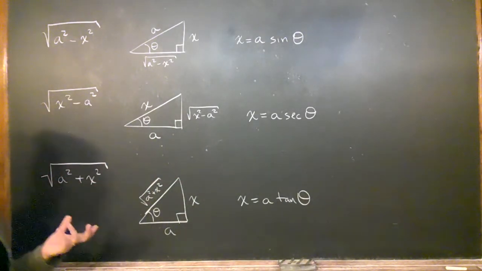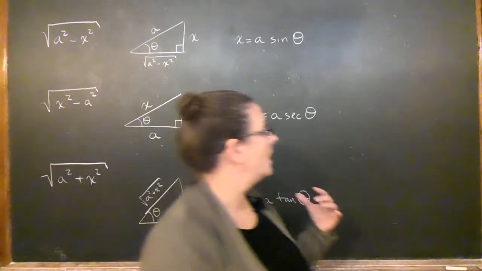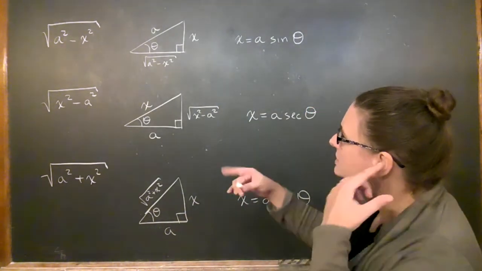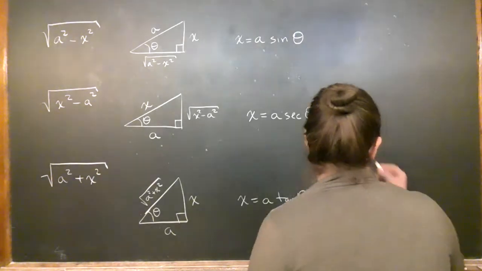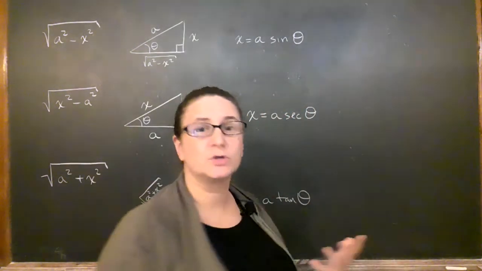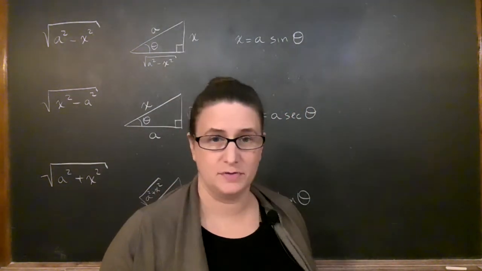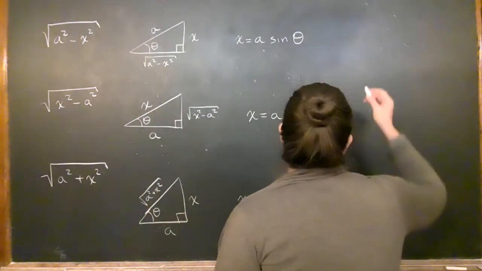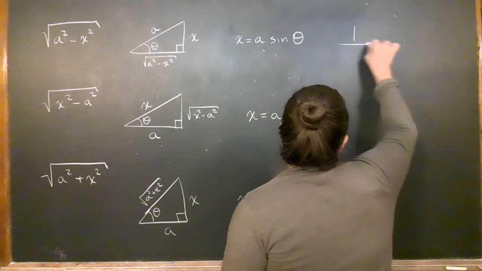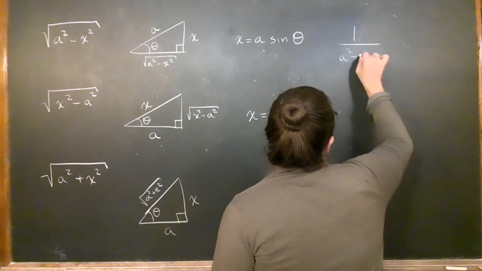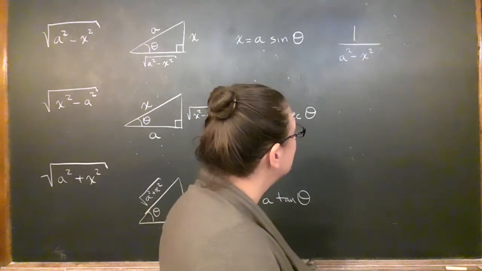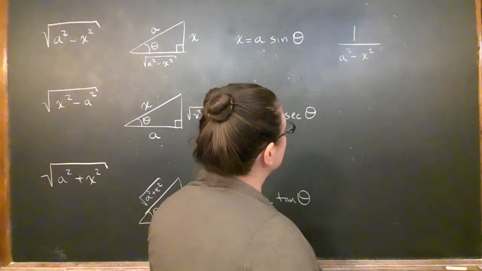You may also see integrals that have not just the square root, but perhaps they have the square root squared, right? So for example, if I was integrating something like a squared minus x squared, I can't do that.